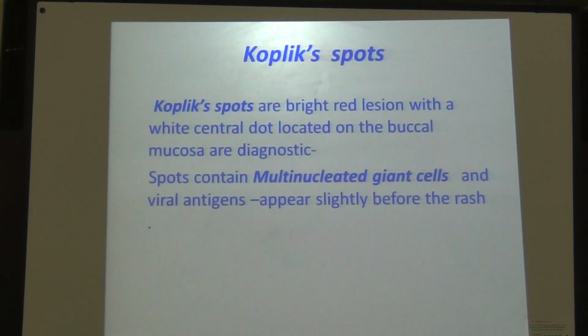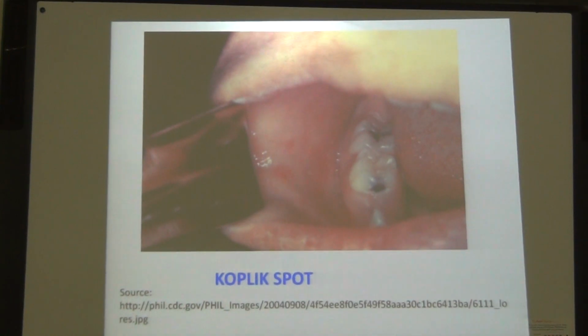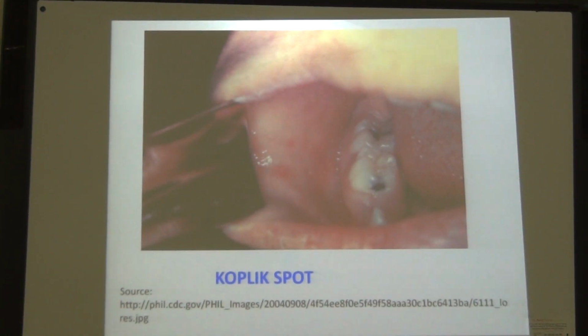The spots contain multinucleated giant cells and viral antigens, and they appear slightly before the rash appears. So Koplik spots are pathognomonic and one of the cardinal signs of measles. This is the picture of the Koplik spots.